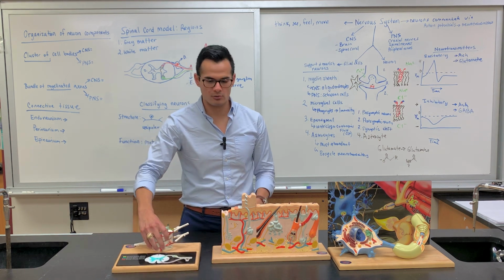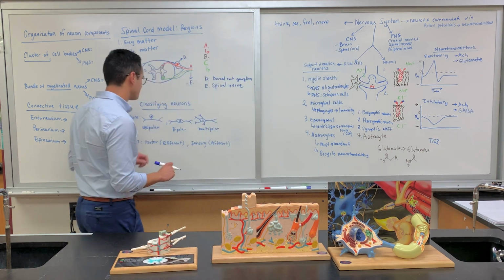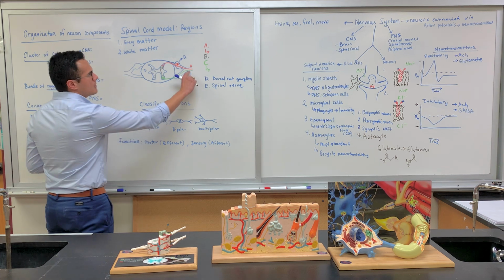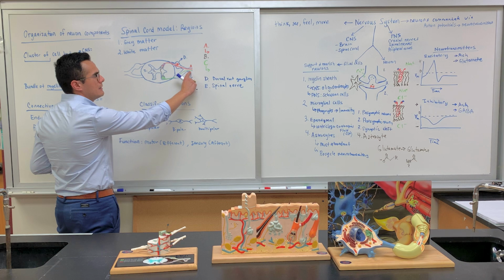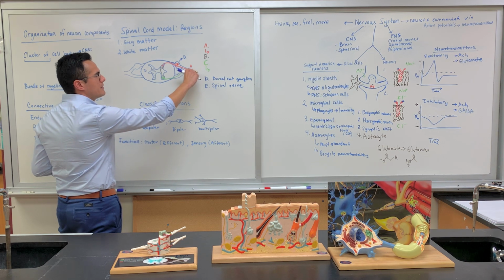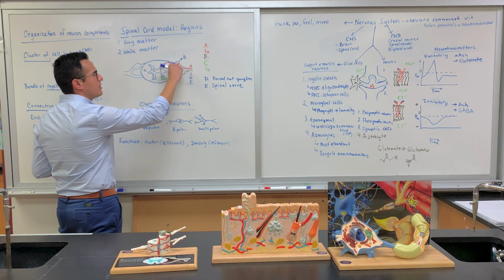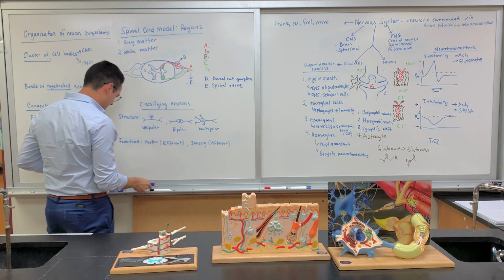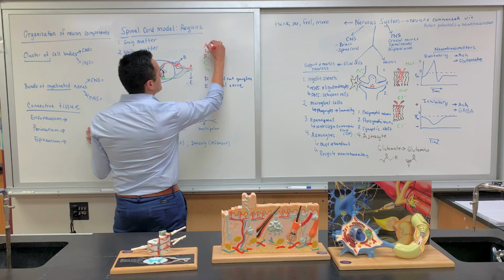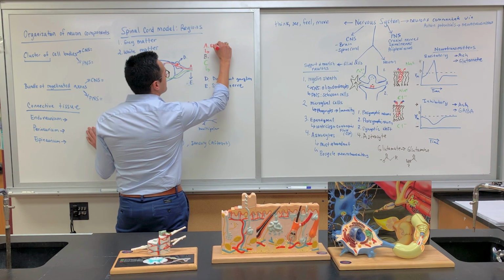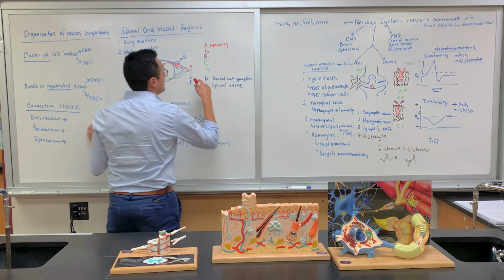So let me show you what I mean by that. I've already identified that this here is the spinal nerve. So what's within this spinal nerve, if we look at this part here that's in red, would be a sensory neuron.